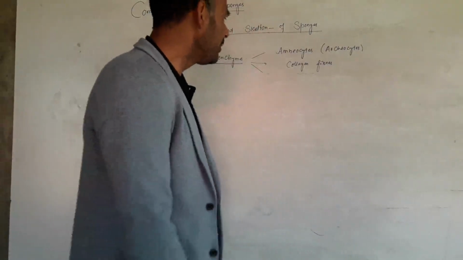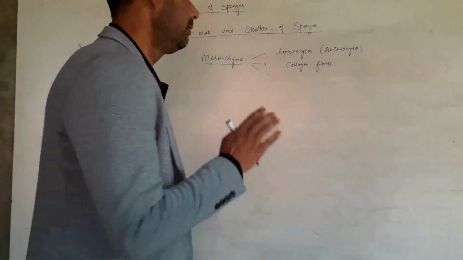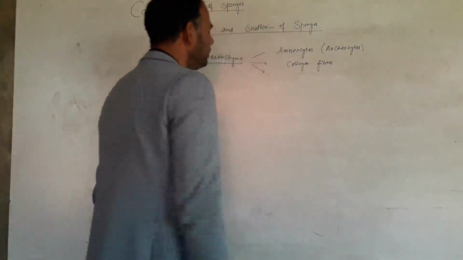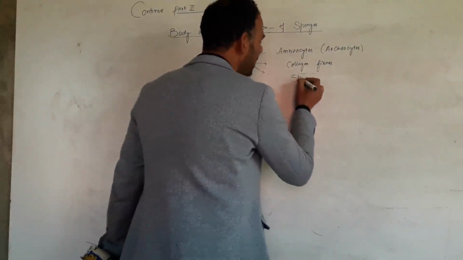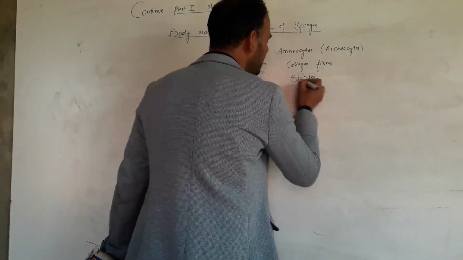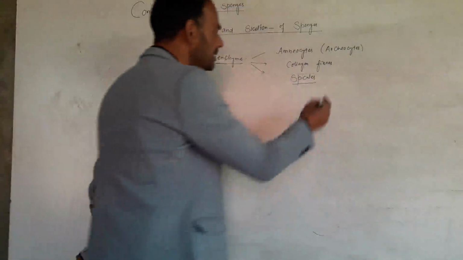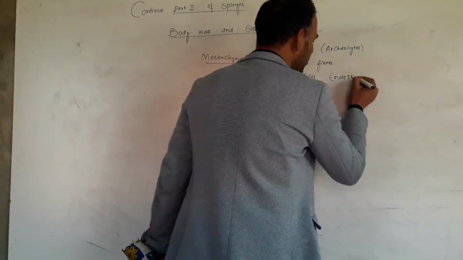These collagen fibers provide stability to the body, and this mesenchyme also contains different types of mineralized structures, a mineralized skeleton which acts as an endoskeleton of sponges.